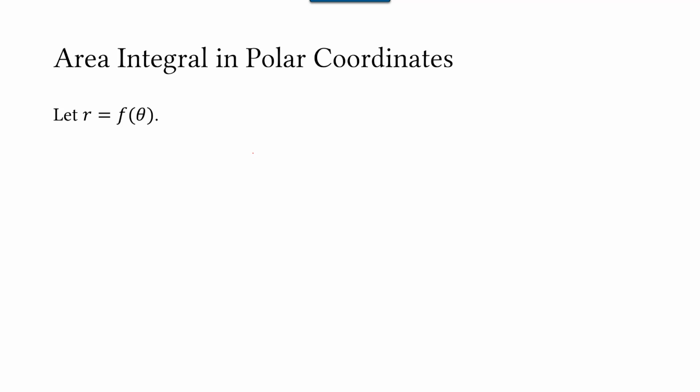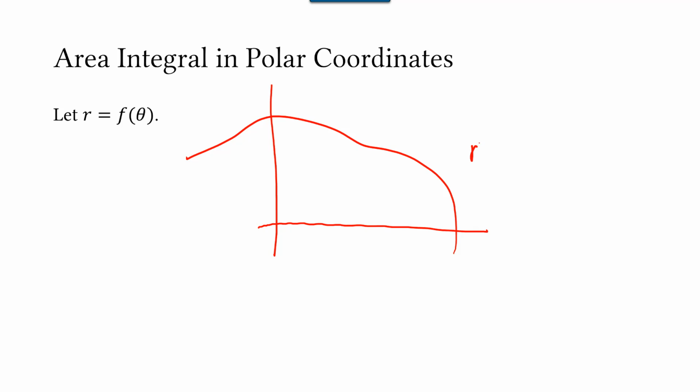If we start off with a function r equals f of theta, our picture is going to look something like this. So we've got r equals some function of theta, and we are interested, say, in the area enclosed by the polar graph between 2 angles alpha and beta.